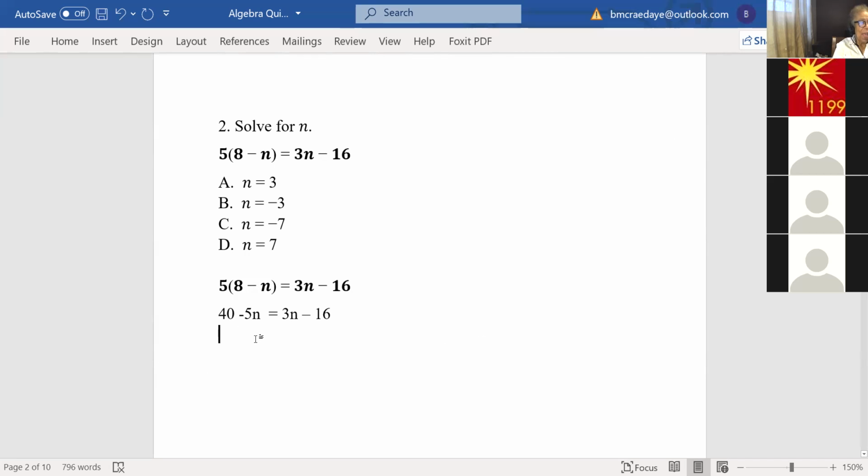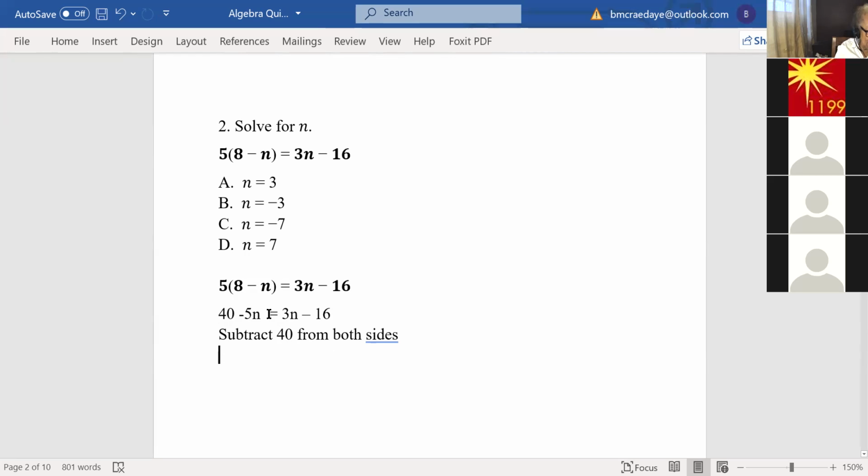Combine like terms. That's it. So how do I do that? Minus 40 on both sides. Okay, subtract. And there's more than one way. Somebody may have done it differently. Subtract 40 from both sides. Some may want to start with the 5n. Really doesn't matter. So let's do what Latoya says. Subtract 40 from both sides.